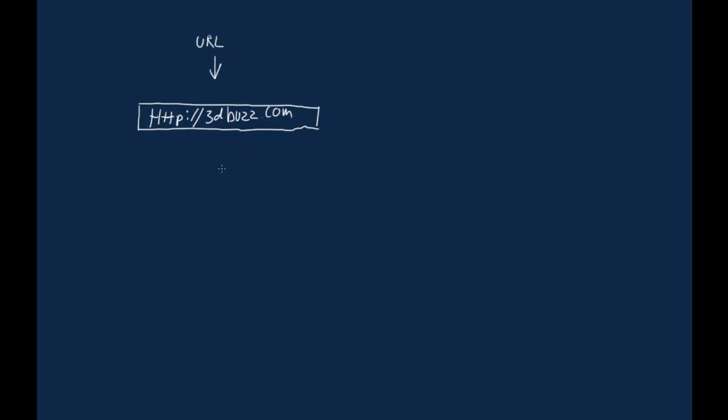URL stands for Uniform Resource Locator. Now we know it's a URL because it has some very important things on it. First of all, it has a protocol, and then it has a domain. Now, if anybody has spent a lot of time working with networked applications or servers or anything like that, you'll kind of know what a domain is. But basically what a domain does is allow us to translate a human readable format into an IP address.